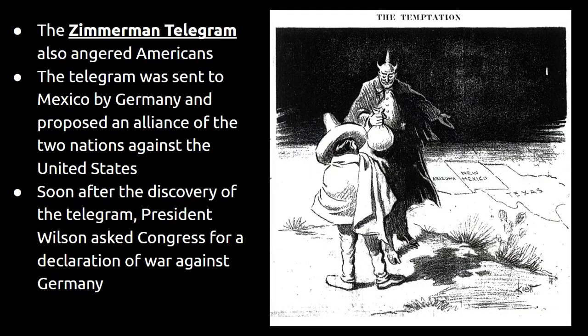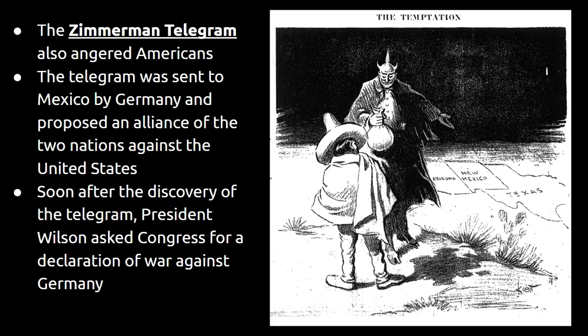As we get closer to entering the war, Germany tried to set up a deal with Mexico. In this cartoon you see to the right, the temptation, Germany is trying to get Mexico to ally with them, by promising them if they would attack the United States, if in fact the United States joined World War One, that Germany would help Mexico get back some of the land that it lost as part of the Mexican American War all the way back in the 1840s.